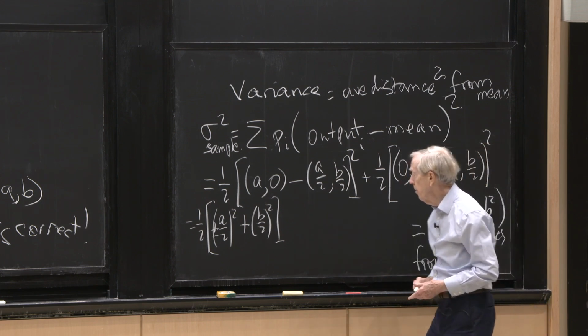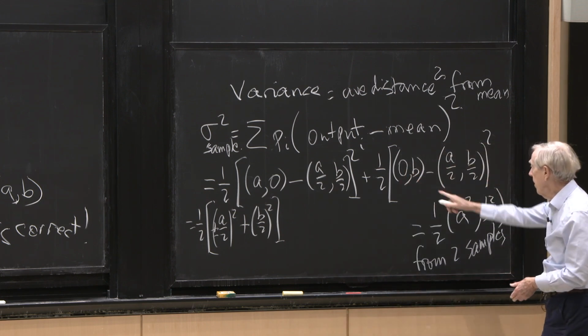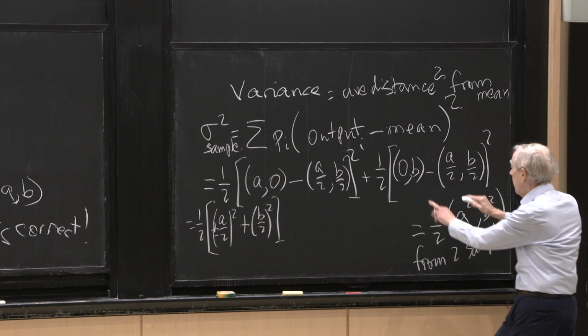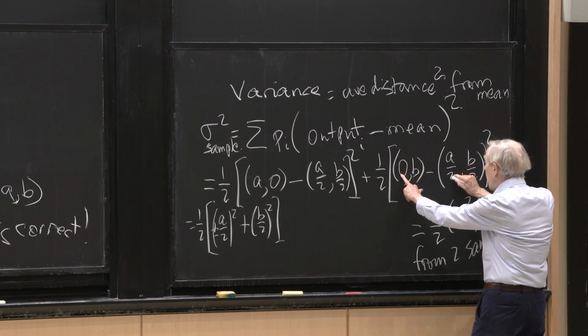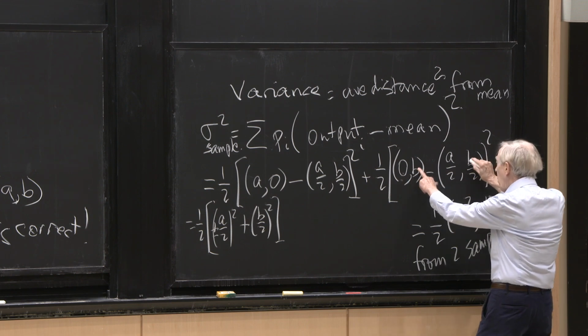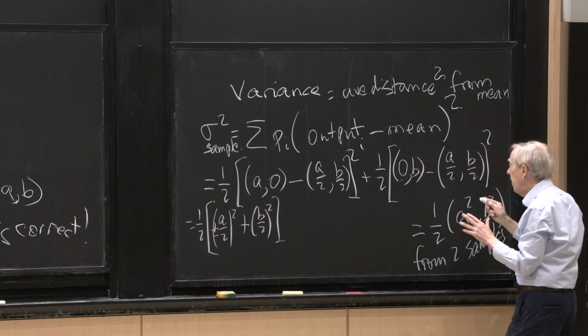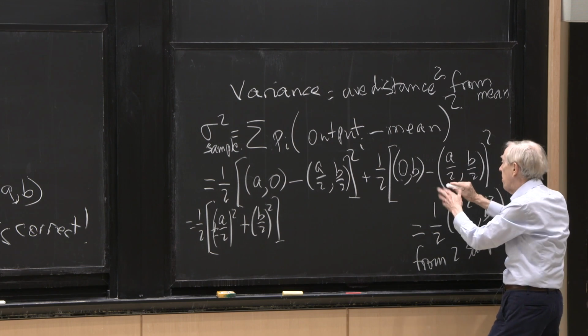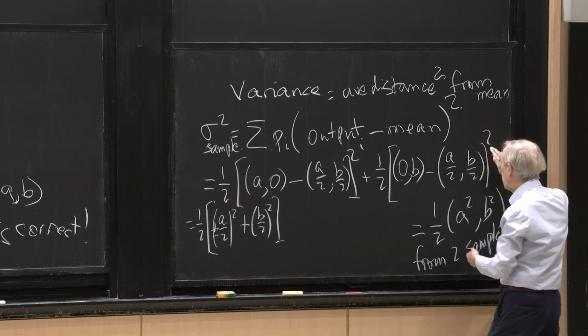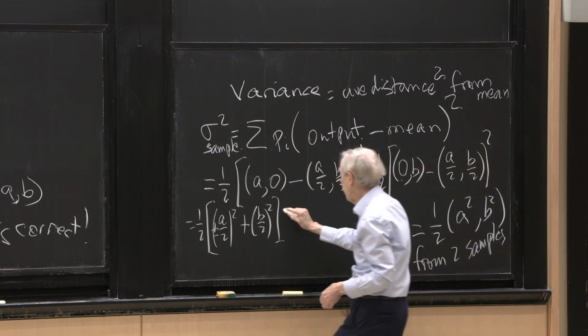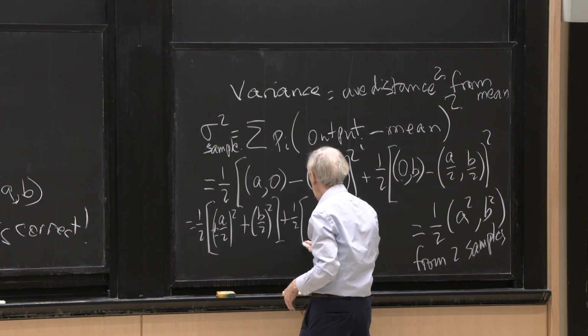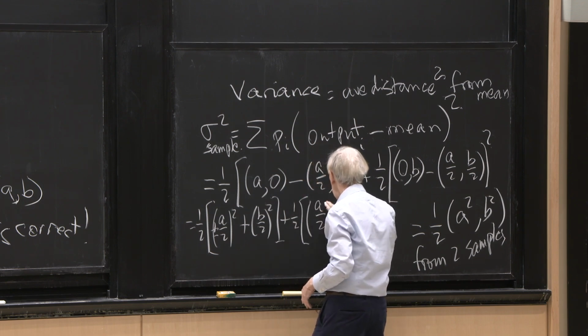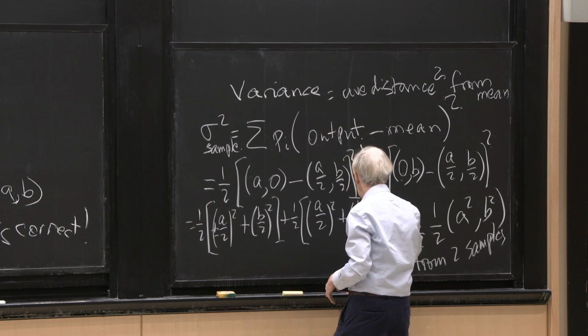And here I think I'm wrong by A over 2, and I'm wrong by B over 2 or minus A over 2, but when I square them again, doesn't matter. So I think I get another half of A over 2 squared plus B over 2 squared.